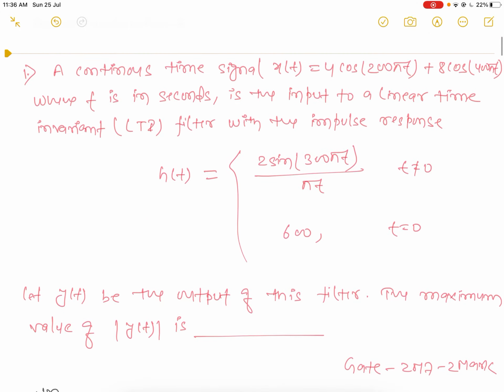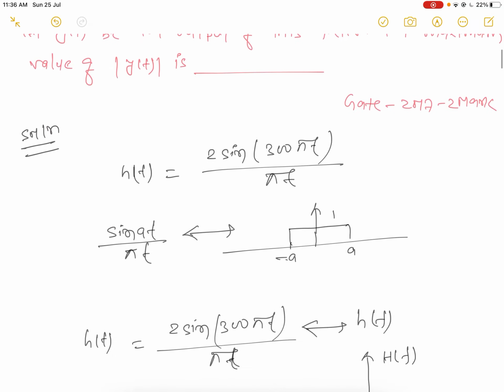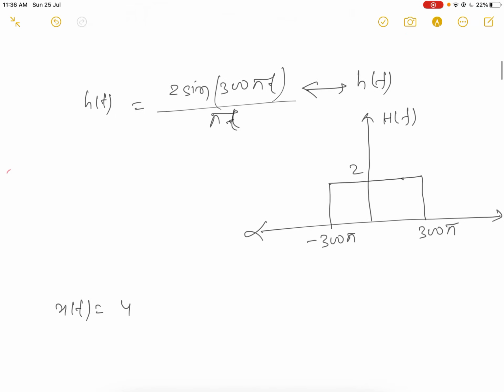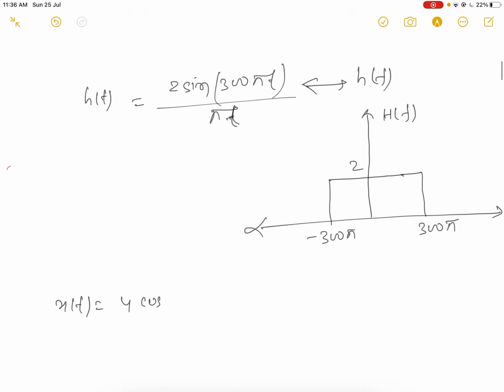What is x(t)? Your input is given: x(t) = 4 cos 200πt + 8 cos 400πt.